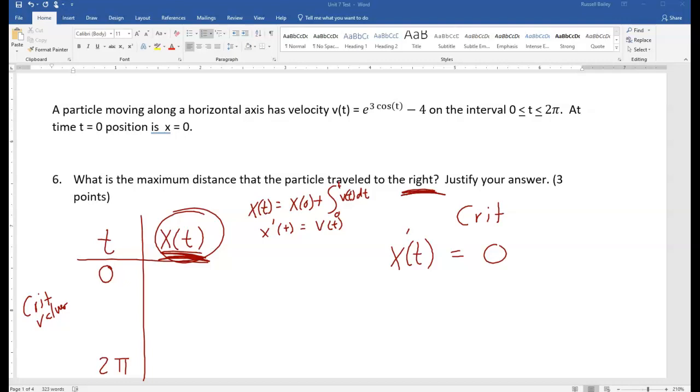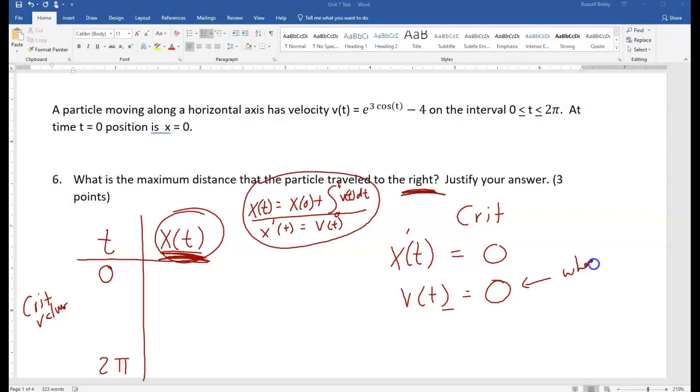From way back in Unit 4, we learned that the derivative of position is velocity. So this is what we learned in Unit 6, I believe it was. But back in Unit 4, I think it was, we learned that the derivative of position is velocity. So those two ideas go together. But here's your position function, and the derivative of that is simply the velocity. So now they want to know, where does velocity equal 0? In other words, where does it touch the x-axis?